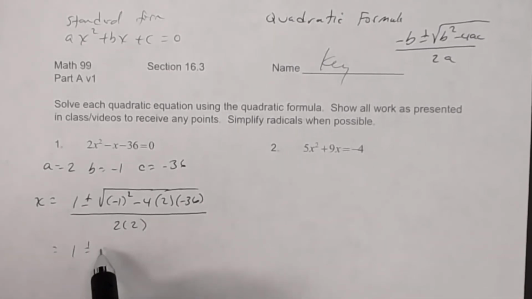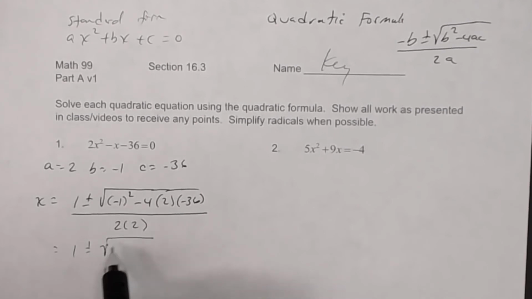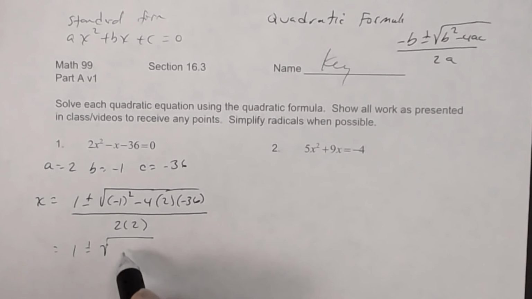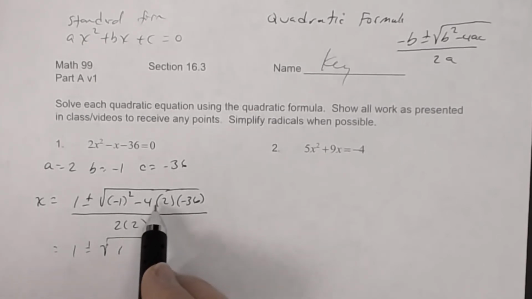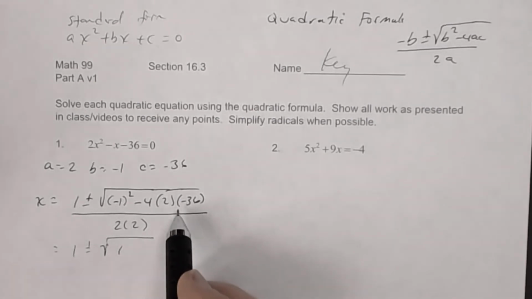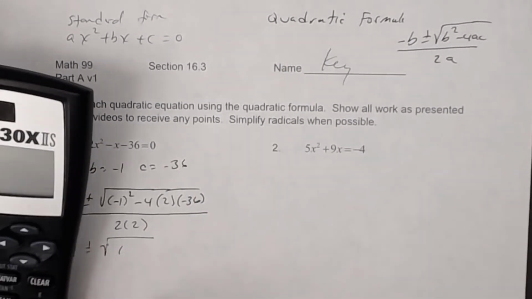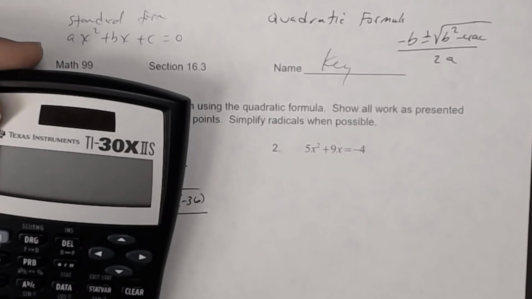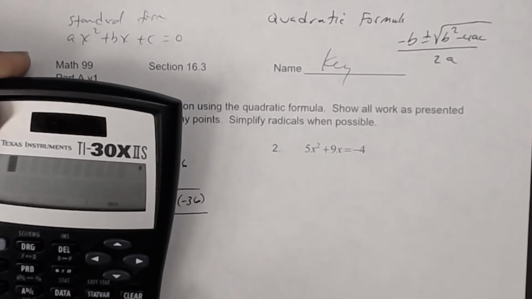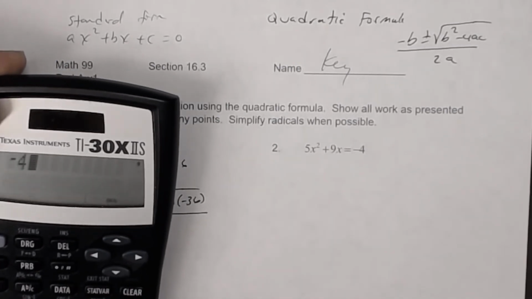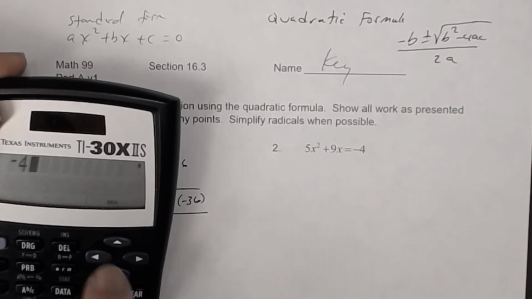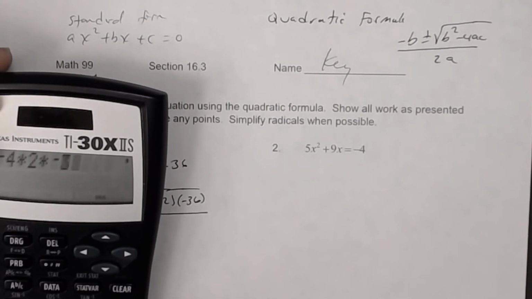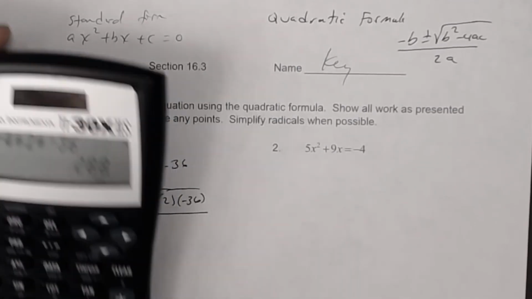So I get 1 plus or minus the square root of. Okay, -1 squared is +1. Now look, a negative times a positive times a negative is a positive. Now use your calculator with this: -4 times 2 times -36 equals 288.